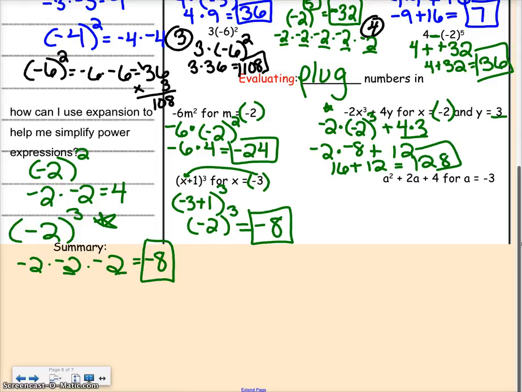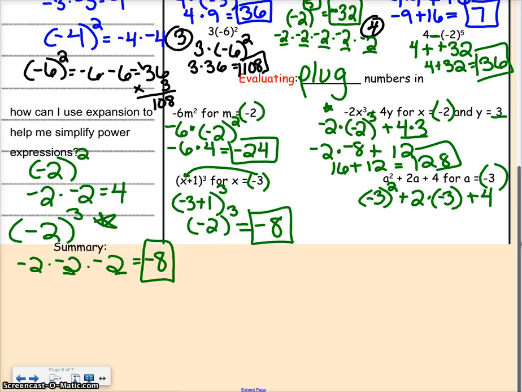And our last one for today, a squared plus 2a plus 4, a is negative 3. So put parentheses around the negative 3 and substitute it in. So this is negative 3 squared plus 2 times negative 3 plus 4.